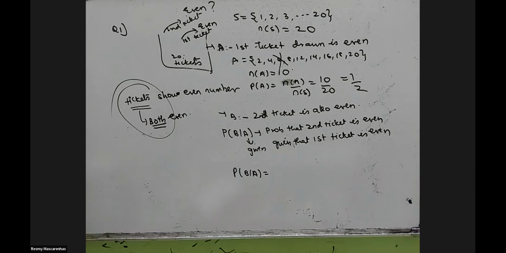So how many options will be there in the box for you to pick up as an even number? How many even numbers will be left in the box? One even number is gone. Maybe we don't know whether what you picked up was 2, 4, 8, whatever. Now we are considering whatever you picked up was an even number. So how many even numbers will be there in the box out of 10?